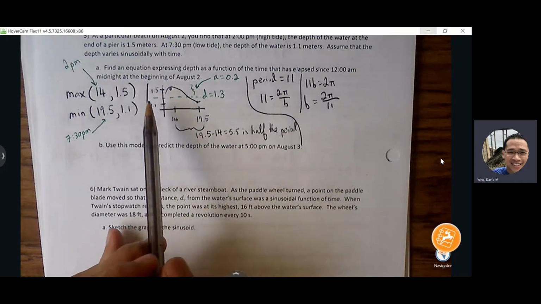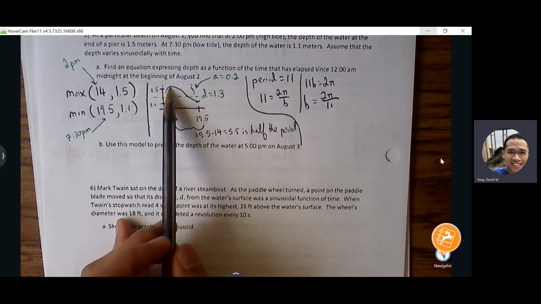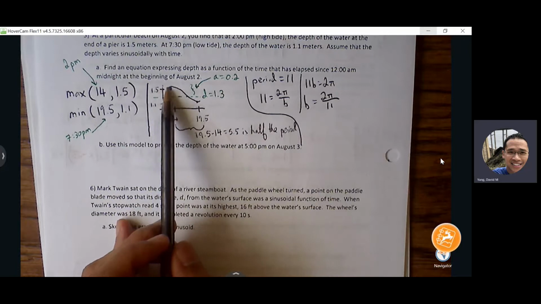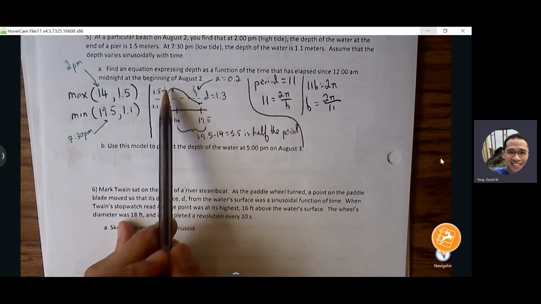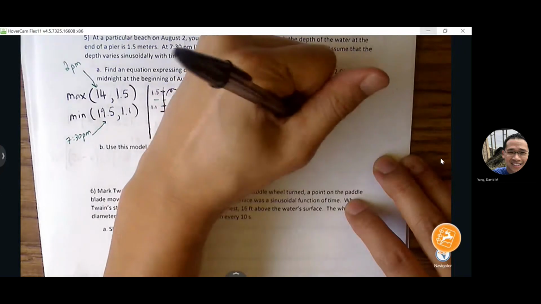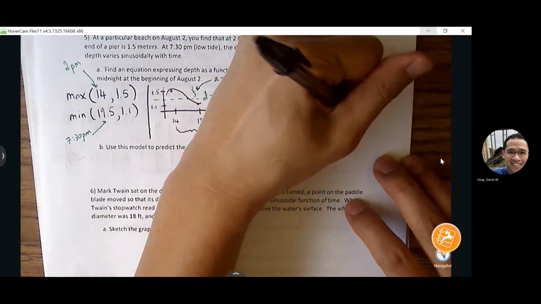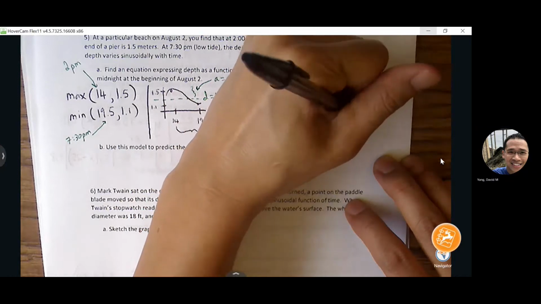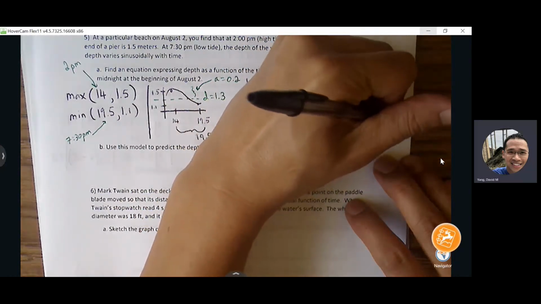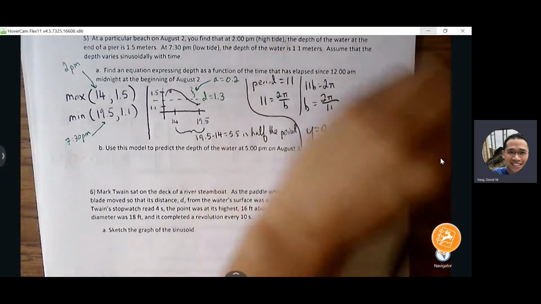We just have to keep in mind that if we want our cosine function to initially start at 0, we will have to shift it over 14 units so that it can hit that max. Sorry, 1.3.